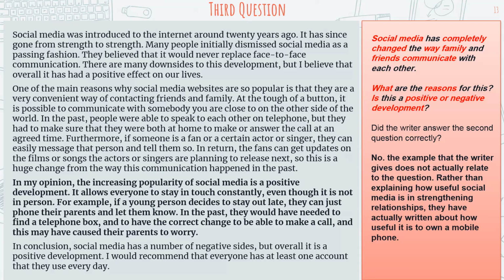So did the writer answer the second question correctly? I don't think so, no. The example that the writer gives in this paragraph doesn't actually relate at all to the question. Rather than explaining how useful social media is in strengthening the relationships between family and friends, the writer chose to talk about the usefulness of owning a mobile phone, or actually the disadvantages of not having social media or smartphones.